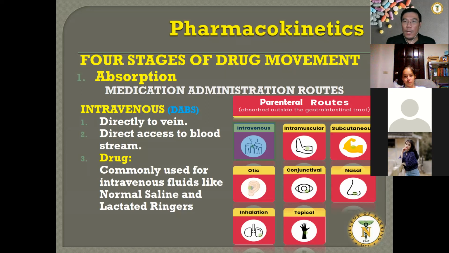So if intravenous therapy will be discussed to you, most of the intravenous drugs are given direct to the bloodstream. So in short, in colloquial, the suero that you are observing in the hospitals is being given directly through the bloodstream. So that is DABs.